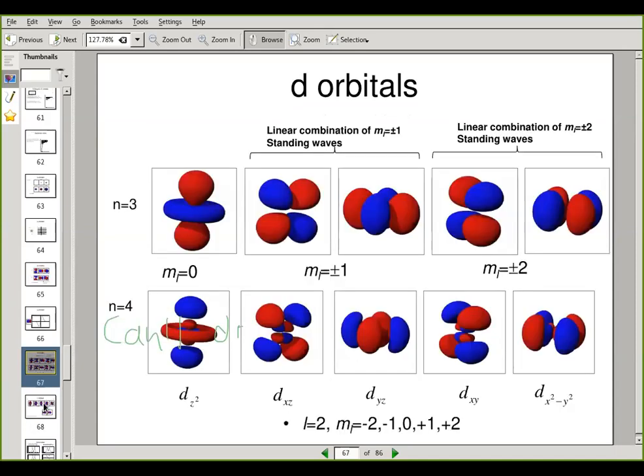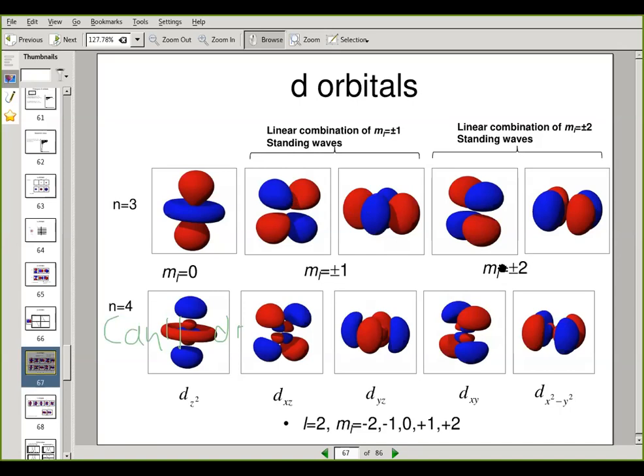Okay. Now, d functions are only from n is 3 up, and as the energy level goes up, you'll see they become more complex. Of course, ML equal to 0 comes out really nicely from the Schrodinger wave equation, but for ML plus or minus 1, we have to combine those to get two linear combinations that are stationary.